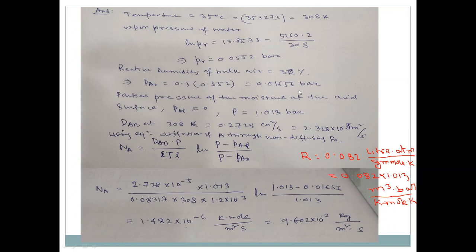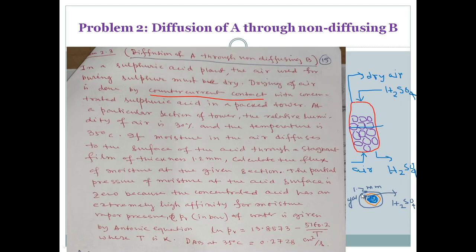This is the partial pressure of moisture in air, and the remaining is the partial pressure of air. That will be PA0. And the partial pressure of the moisture at the acid interface, PAL, will be 0. Already I told you, whenever it comes to the sulfuric acid side, it is immediately absorbed.